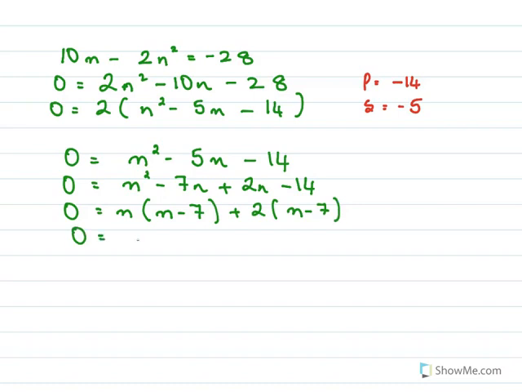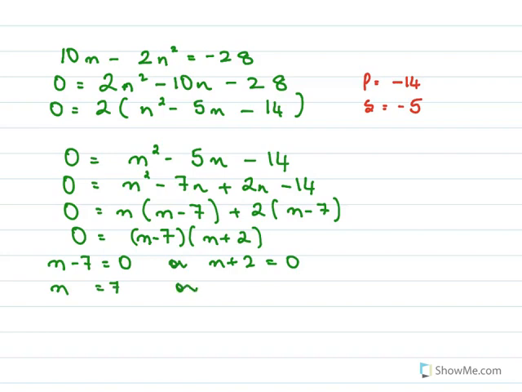So 0 equal to n minus 7, n plus 2. So n minus 7 equal to 0 or n plus 2 equal to 0. So n equal to 7 or n equal to minus 2.